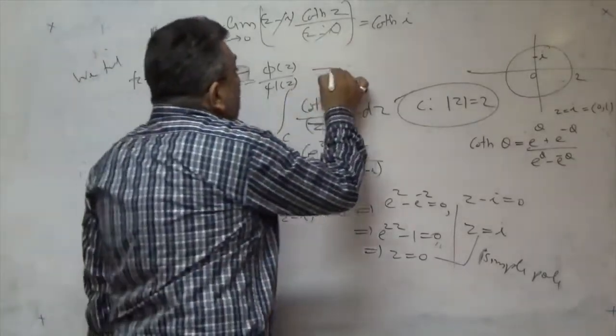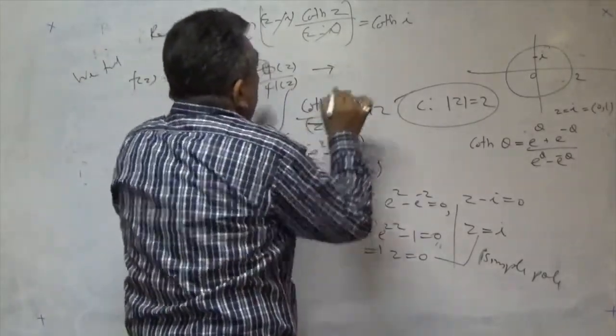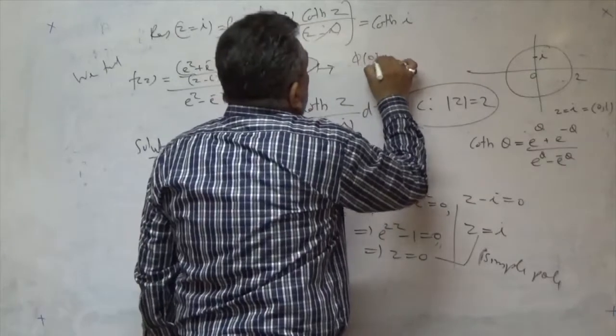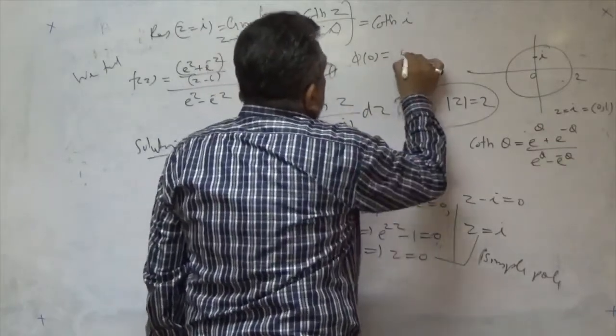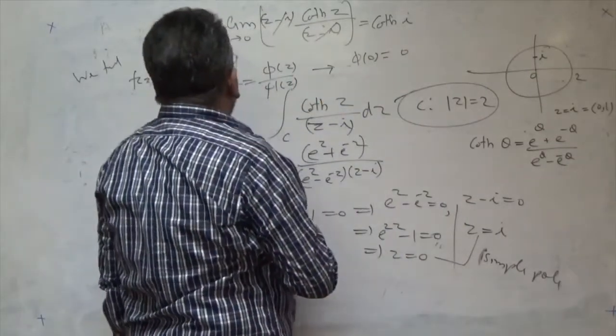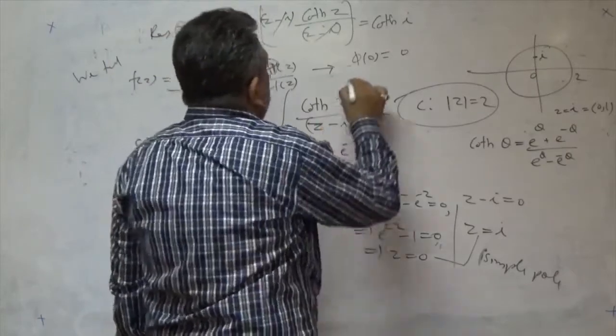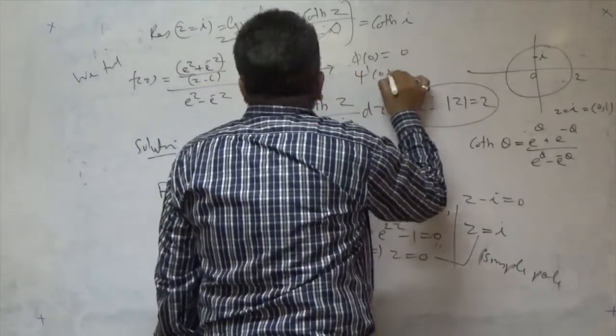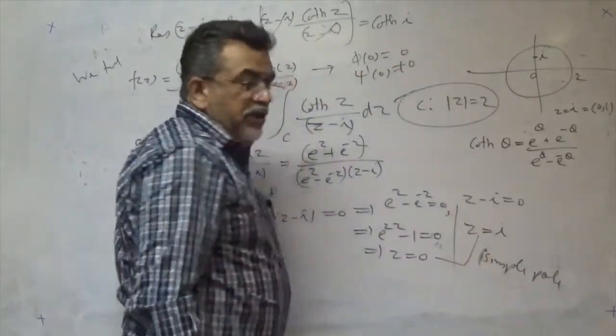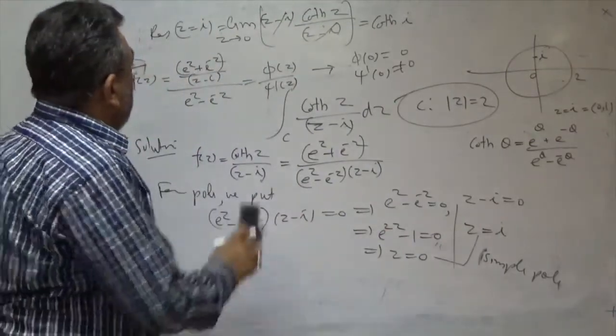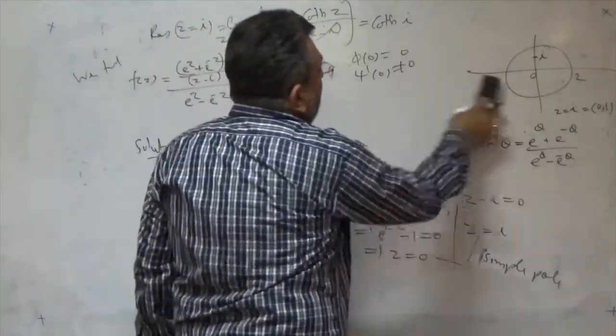And here we see that z equal to 0 is the pole, so phi 0 is 0, but psi dash 0 is not equal to 0. Right? This is the expression. We have a formula.